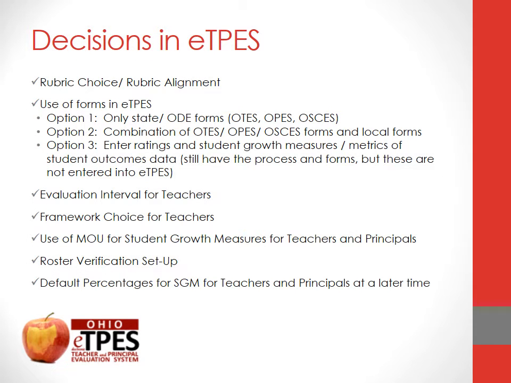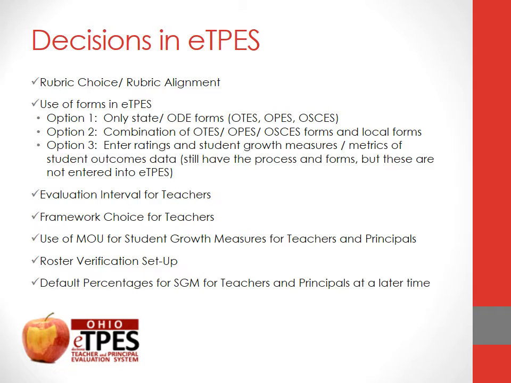The superintendent or designee will be entering many decisions in ETPES for setup in the fall. Those decisions include the following: the rubric choice, or if a rubric needs to be aligned to the state rubric.